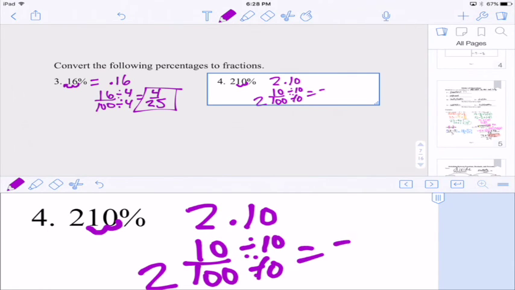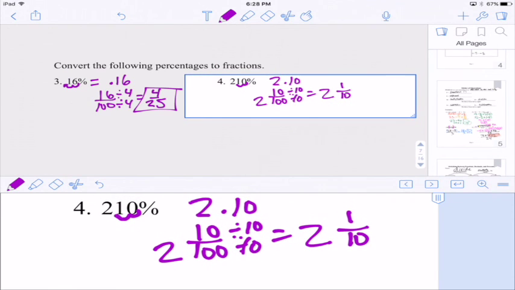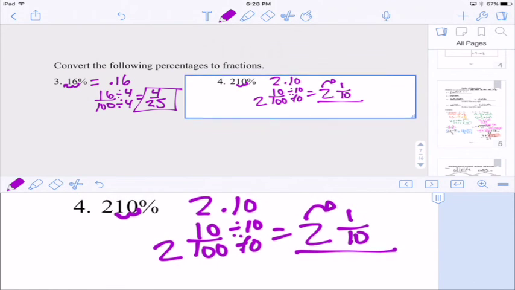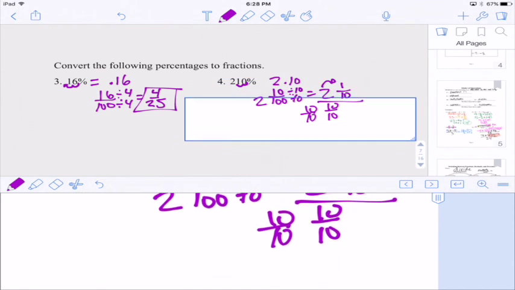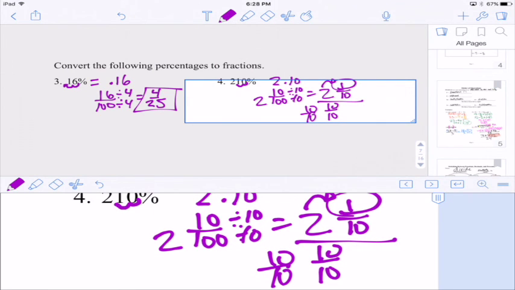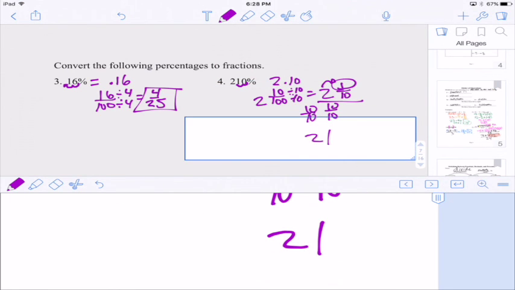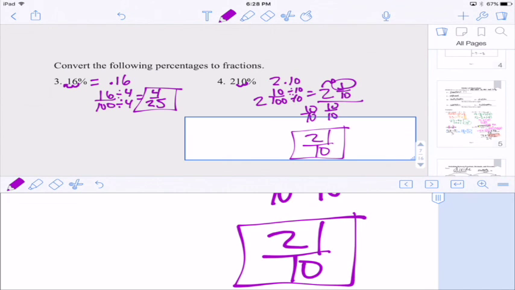So I still have 2 wholes and 1 over 10. Now I could leave it like that. That's our mixed number. Or we could put those 2 wholes back in and create an improper fraction. So the wholes would be like 10 over 10. And we've got 2 of those. So that's 20 over 10 plus that 1 more from here. So it's 21 over 10. 21 tenths. That's it.